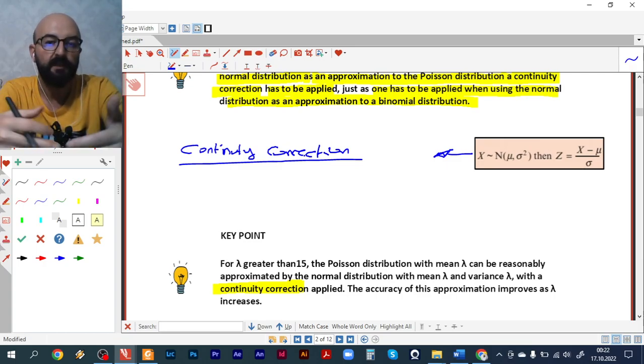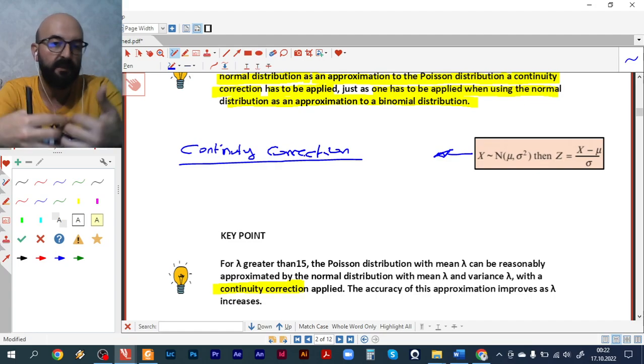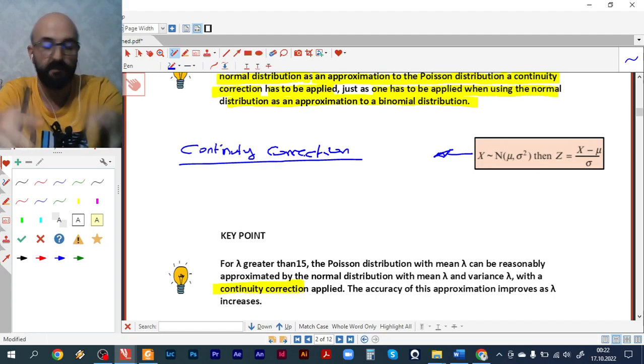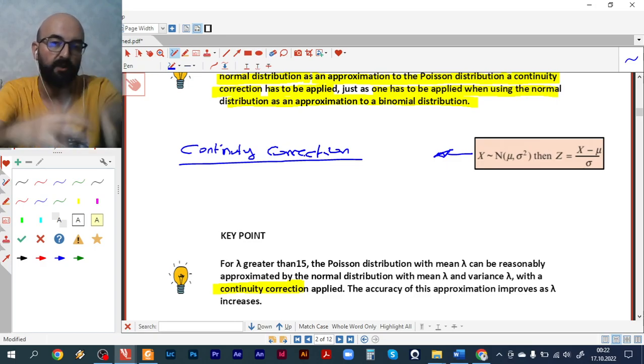For example, binomial distribution is a discrete probability, and if we want to use normal distribution instead of binomial distribution, we should make continuity correction.